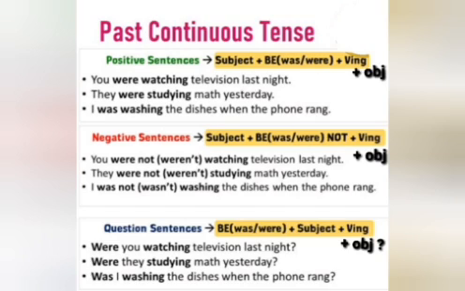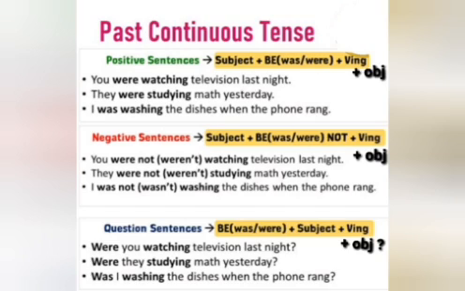Take another example, I was washing the dishes when the phone rang. So I is the subject, was from the syntax, washing, that is V1 plus ing form, the dishes is the object, and when the phone rang is that time.